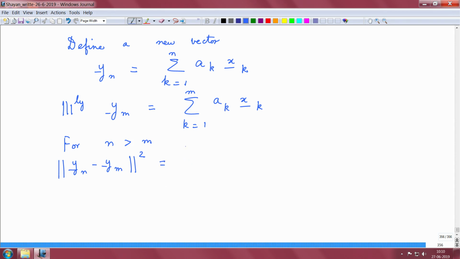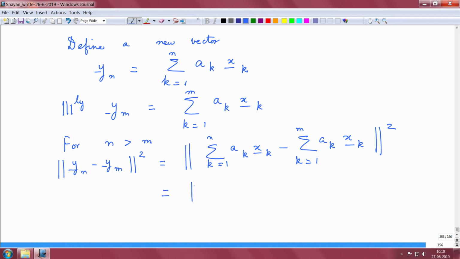This is expanded as the norm squared of summation k equals 1 to n akxk minus summation k equals 1 to m akxk, which is nothing but the norm squared of summation k equals m plus 1 to n akxk. Okay.